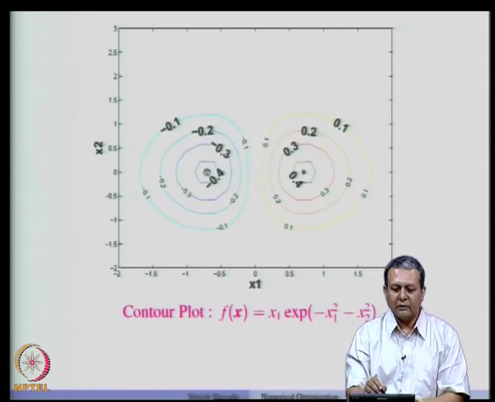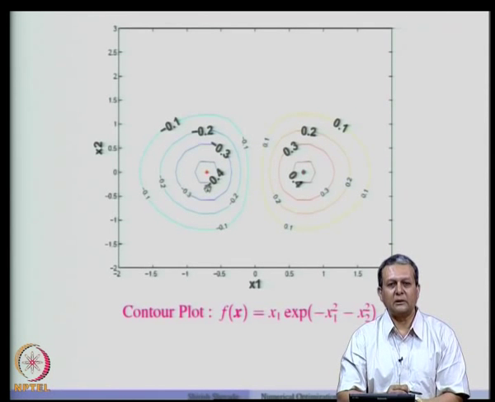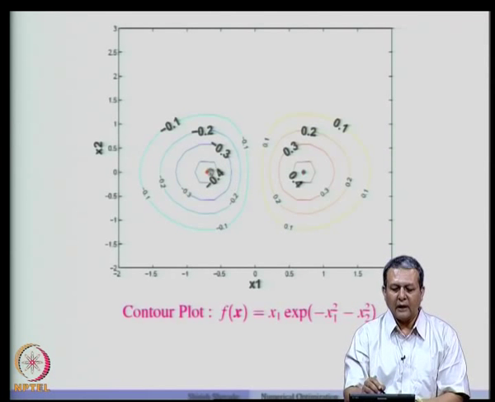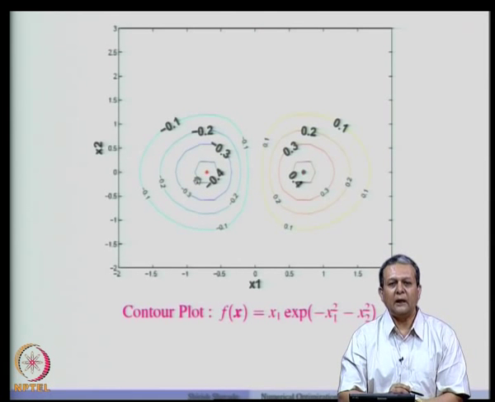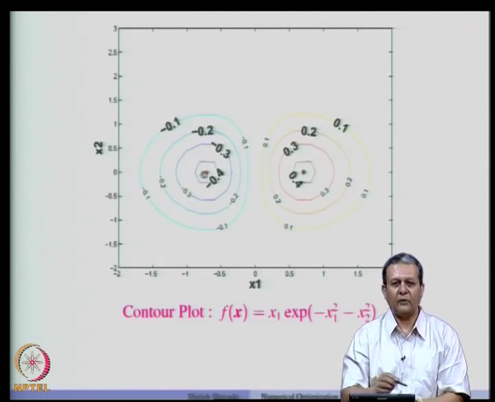Now, this point is the local minimum and this point is the local maximum, as you can see from the surface plot. If you look at this point, which is the local minimum, in any direction that we move, the value of the function increases. So, there is at least no decrease in the objective function in the neighborhood of this minimum.